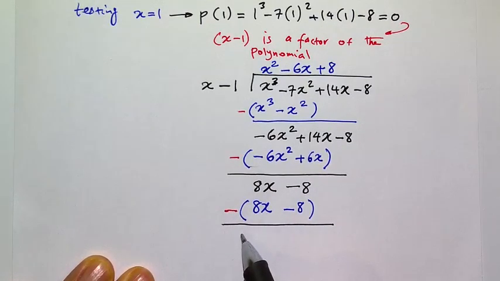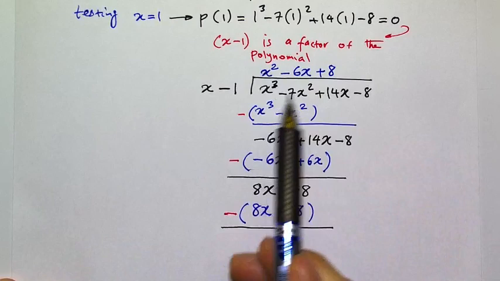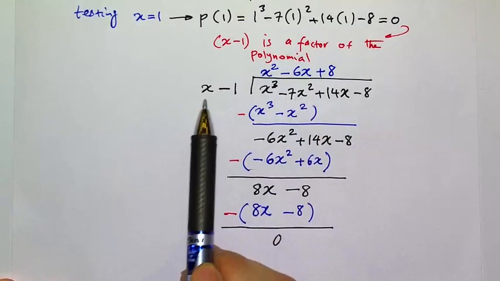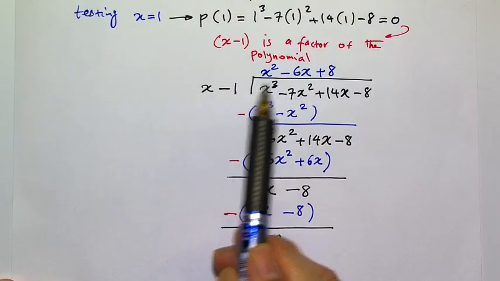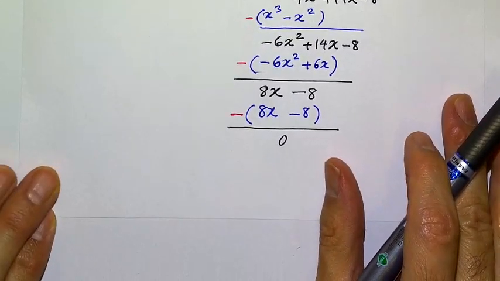X minus 8x, that's 0, minus 8 minus minus 8, that's again adds up to 0, which we expected, right? So then the complete factorization of this polynomial is x minus 1 times that. Let's write that down.